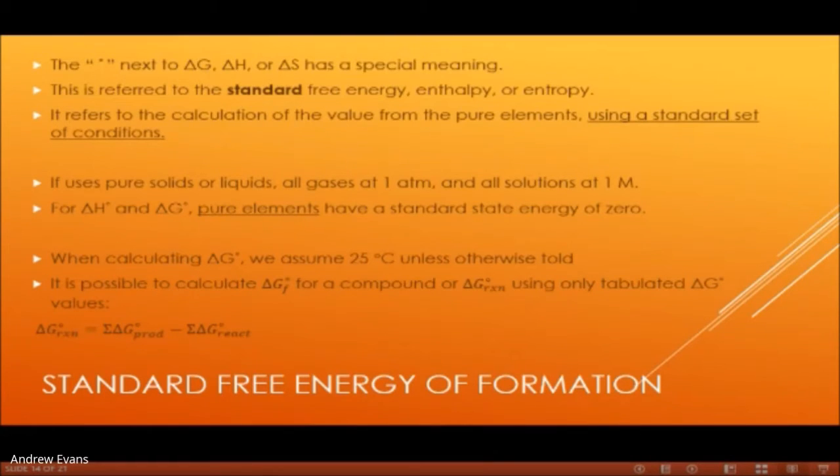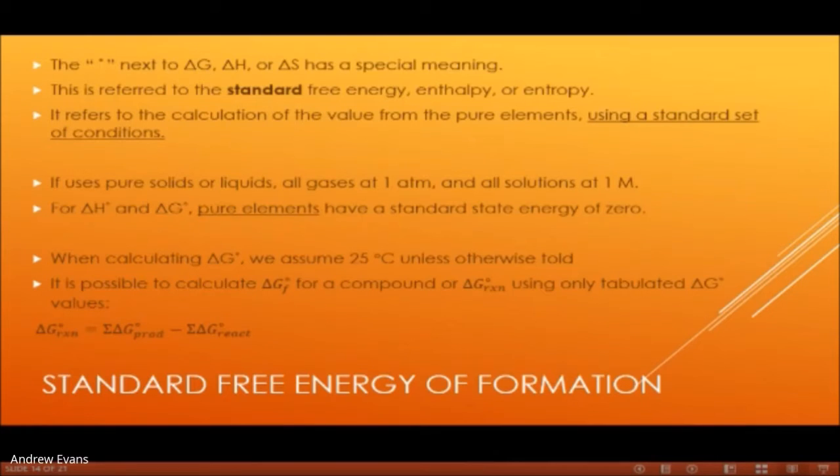Now, as we said, enthalpy had a standard state of 0 because how much energy does it take to make a pure element from a pure element? Well, it should be none because a pure element already exists. The same thing about spontaneity. What is the spontaneity of transforming the pure element into itself?